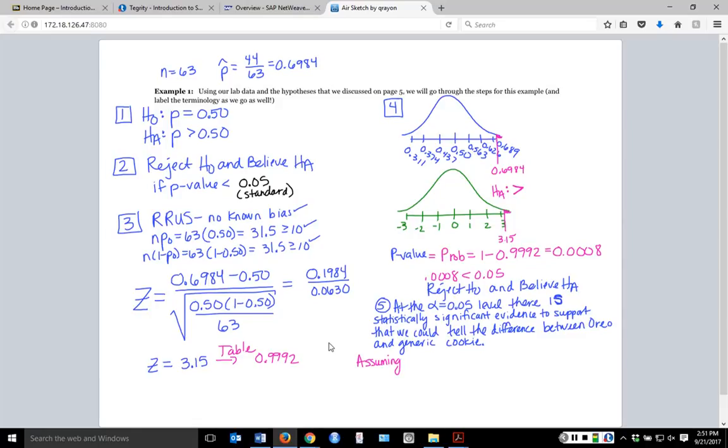Now before, in the previous set of notes, I would have written this in a slightly different way. I would have said, if 50% of the people would guess which cookie was the Oreo. Well, I'm saying the same thing if I say assuming p is 0.50. What this 0.50 actually means is 50% guess which cookie is the Oreo.